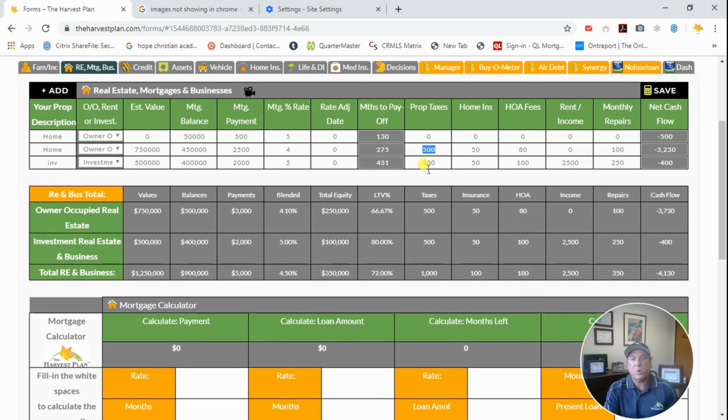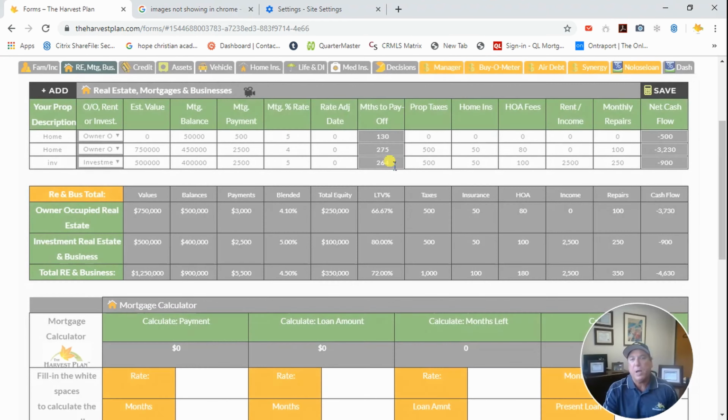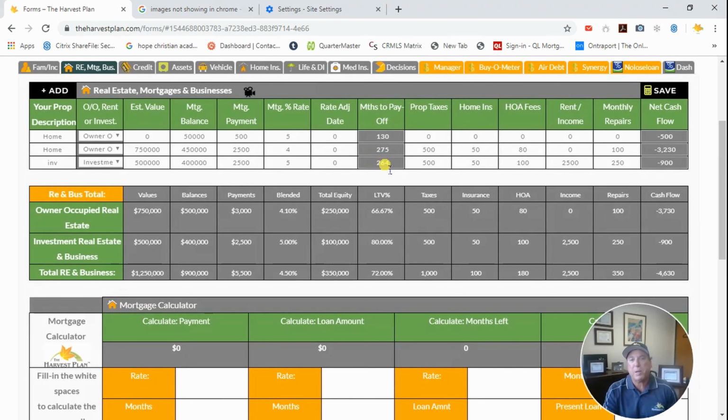And then we're seeing not only when this investment property is going to get paid off. Let's say we're paying a little bit more towards that mortgage just to get a friendlier, more probable months to pay off number in here. But we're also going to see on this investment property how profitable it is. So if it's getting paid off in about 22 years, that's what the property taxes are, the homeowners insurance, HOA fees.